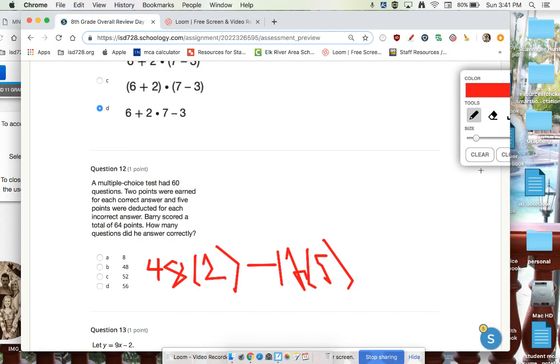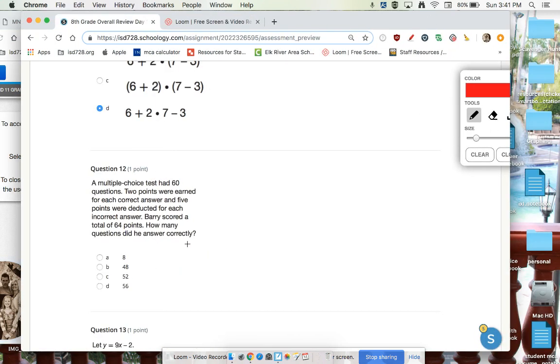52. If he got 52 right, then he got, what, 8 wrong. So 52 times 2, and take away the points he got wrong. Each one he got wrong, so he got 8 wrong, right? 8 wrong, and each one wrong was 5 points.